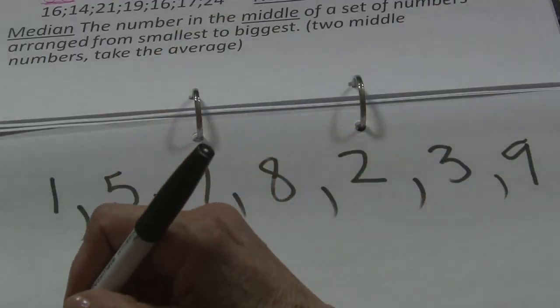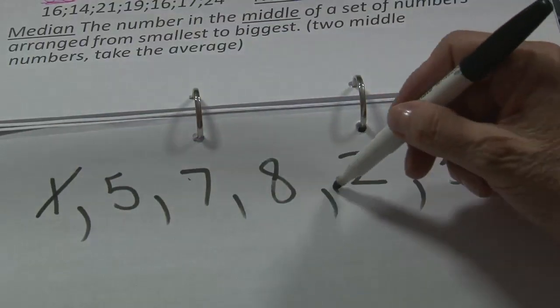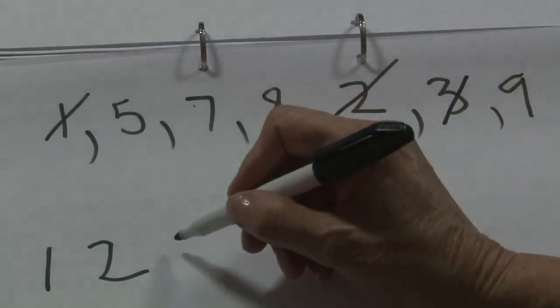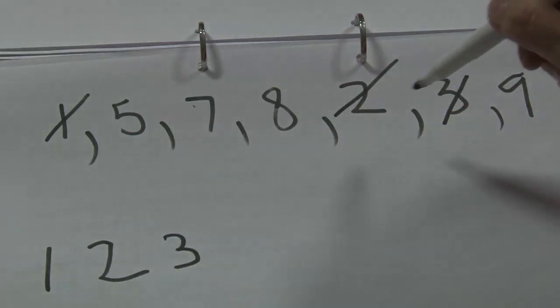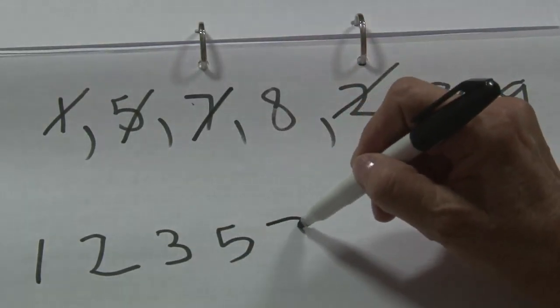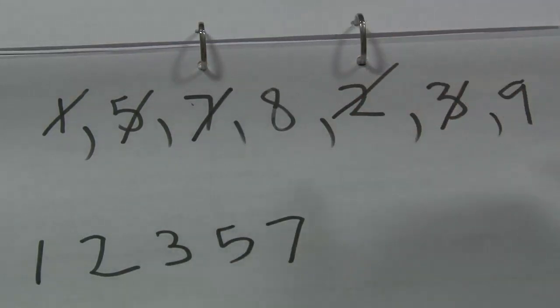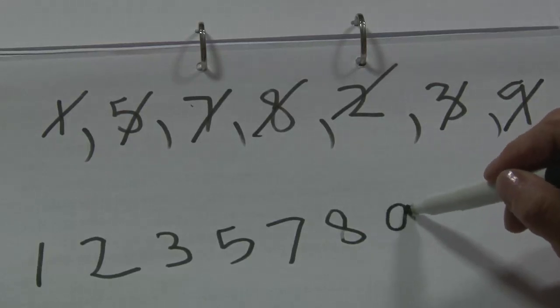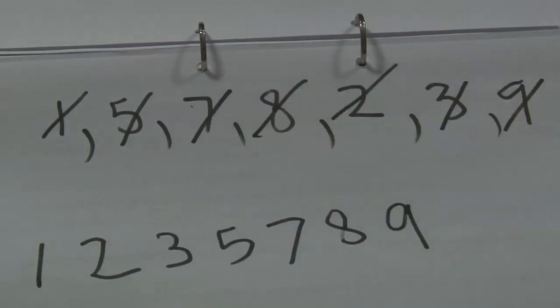So 1 is the smallest, 2, 3, 5, 7, 8, and 9. Now, which one is in the middle?